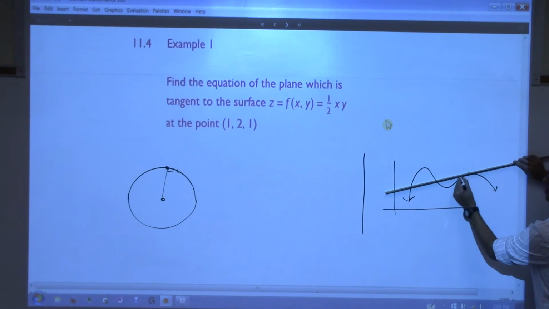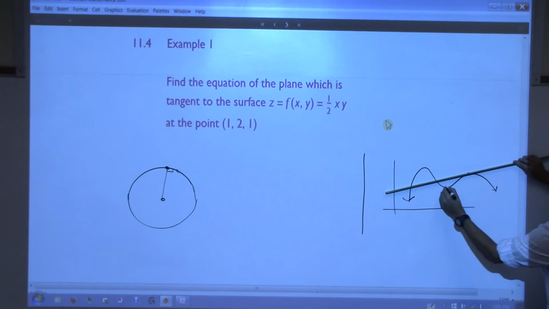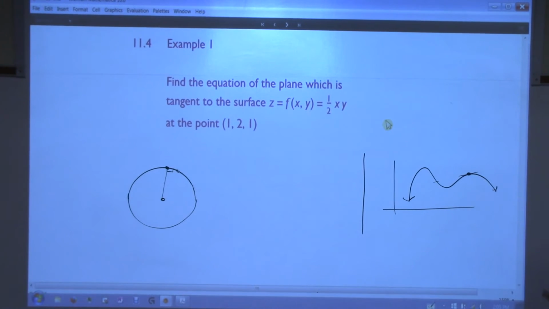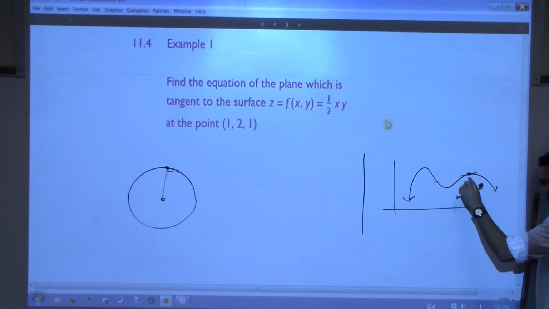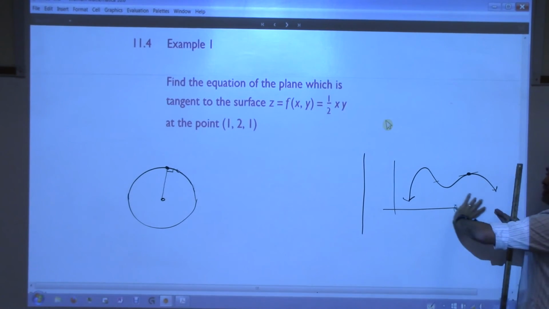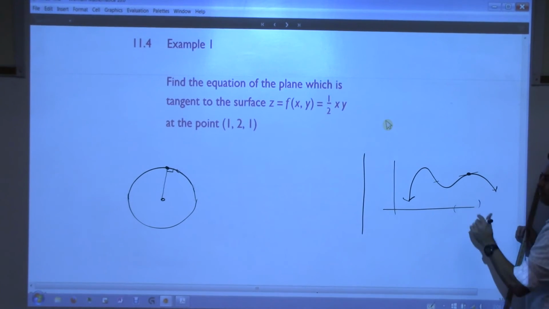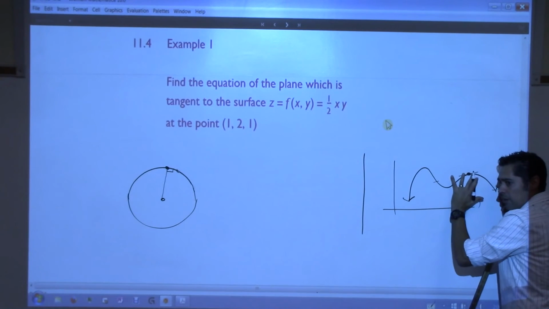Here, it's just going to touch at one place. But back here, doesn't it hit? So you can't use that same definition, like a tangent line at a point is a line that touches the function at just one point. You could say that in some little neighborhood it only touches at one point, but you can't say on the entire domain of the function it only hits at one point. So when we talk about tangent lines, we're just looking locally, aren't we?